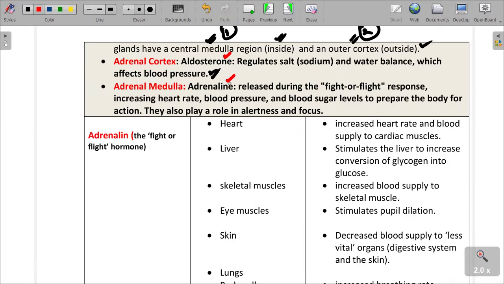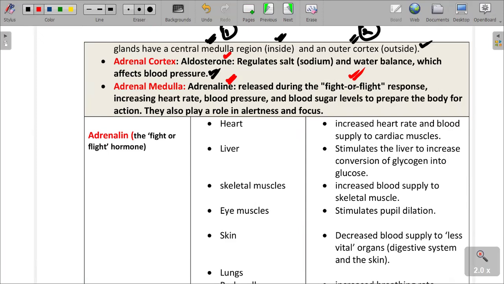It releases the adrenaline hormone, which is responsible for fight and flight responses. Fight and flight responses, when adrenaline hormone is produced from the adrenal medulla, which is the inner region of the adrenal gland.